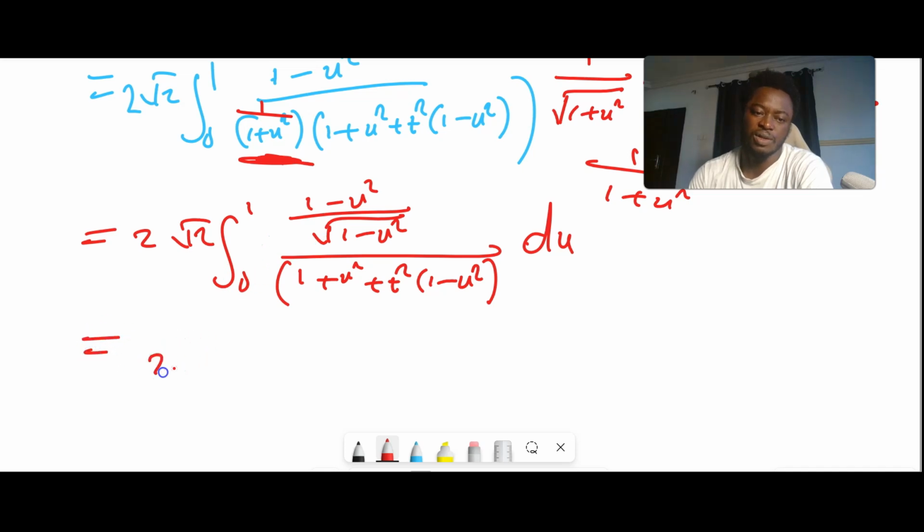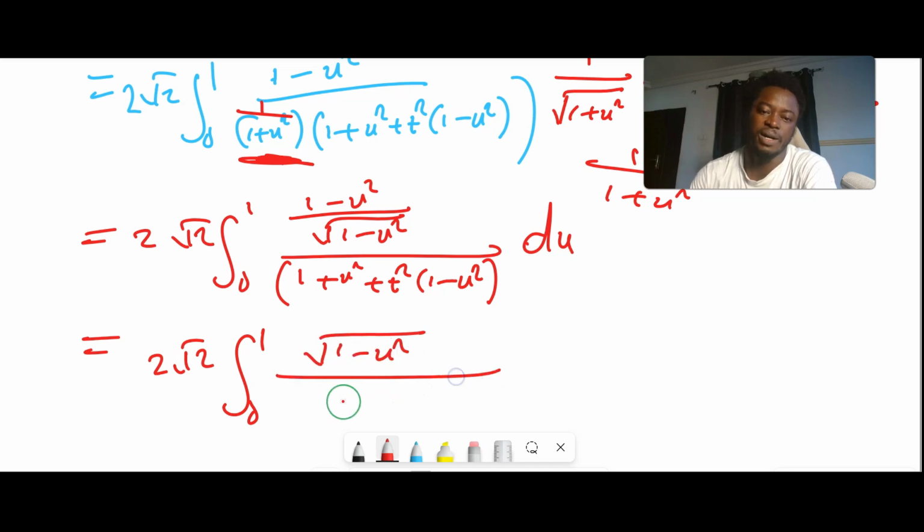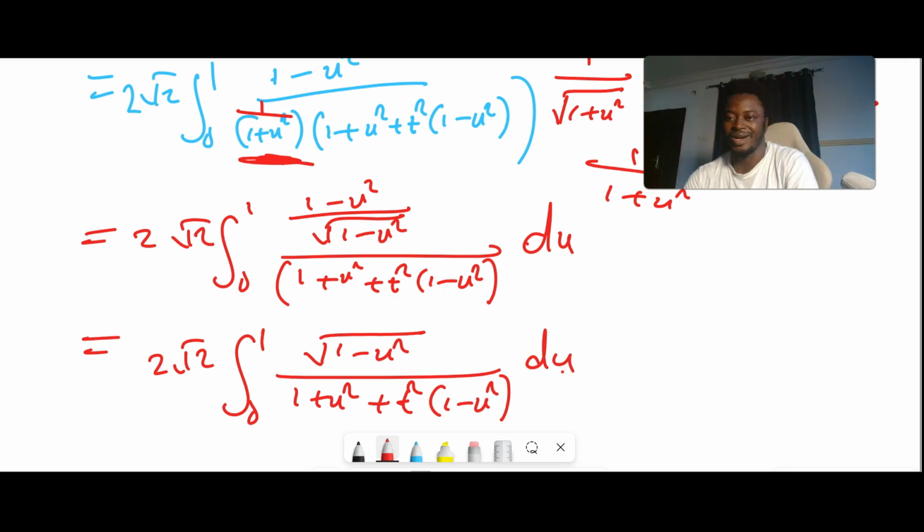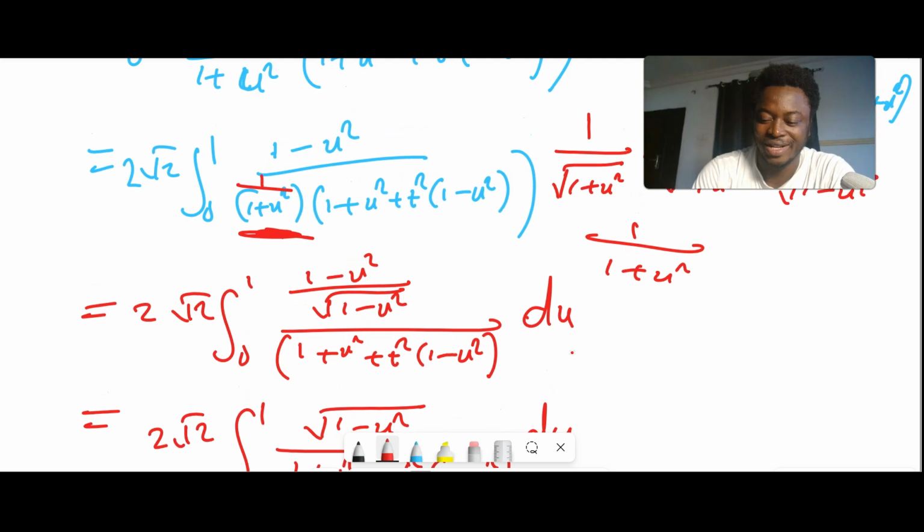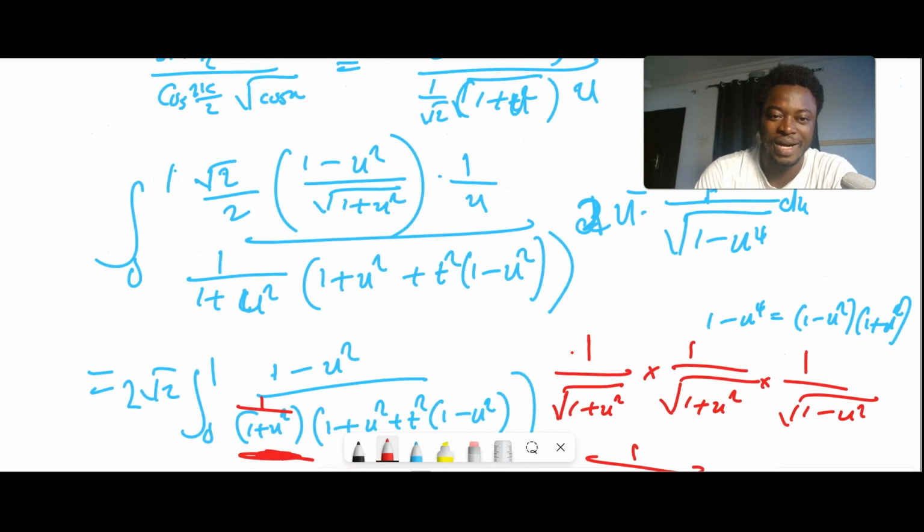So this would be 2 square root of 2 times the integral from 0 to 1 of square root of 1 minus u squared, all divided by 1 plus u squared plus t squared 1 minus u squared du. So now we have simplified this expression here, coming from this part here.